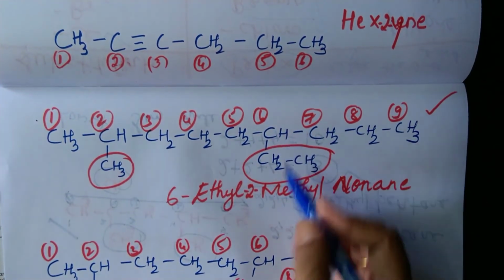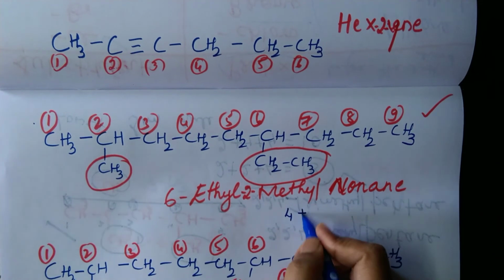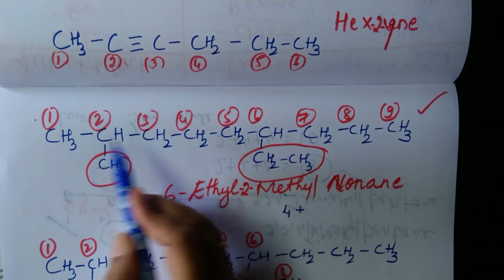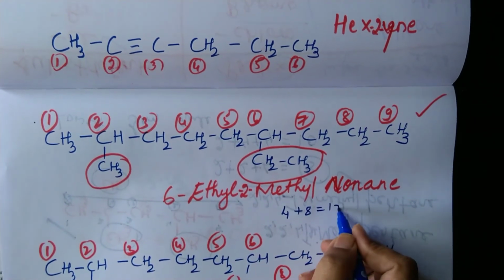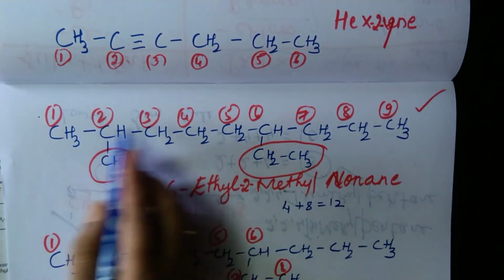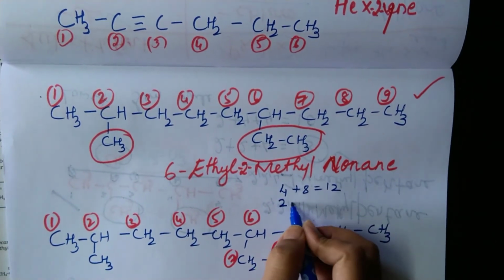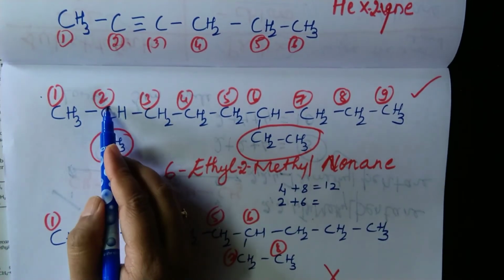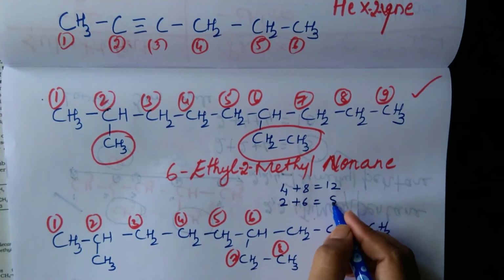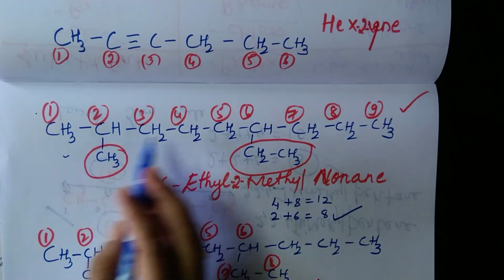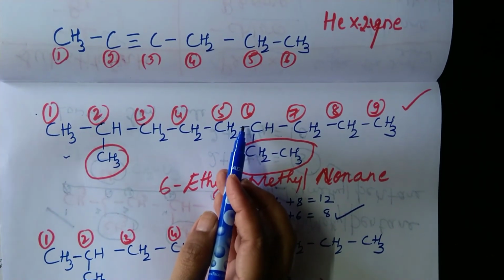If you number it from this side, it will be 4, 5, 6, 7, 8, so it will be 12. If you number it from this side, what I have numbered, it will be 2 plus 6. So 2 is here, 6 is here, total will be 8. Out of this, which is the smaller one? This one. So I have numbered it from the other side.